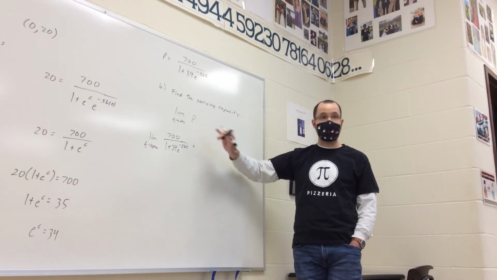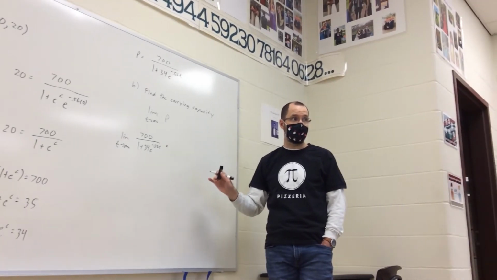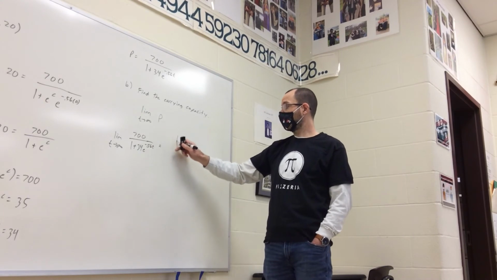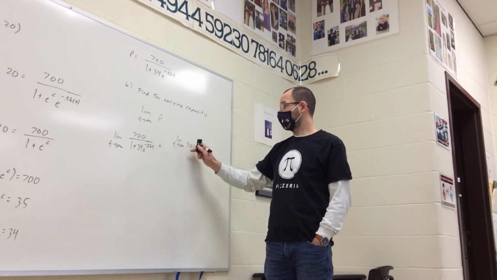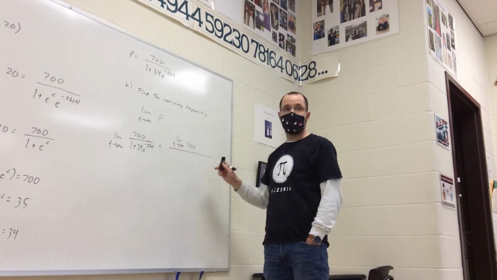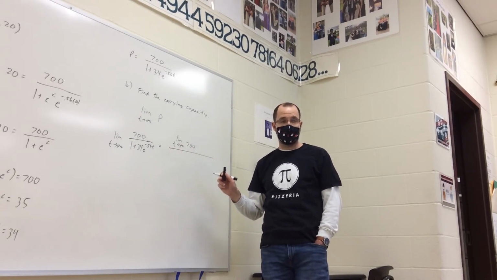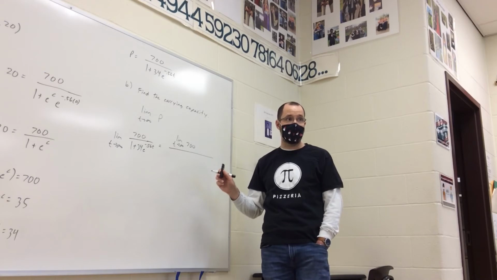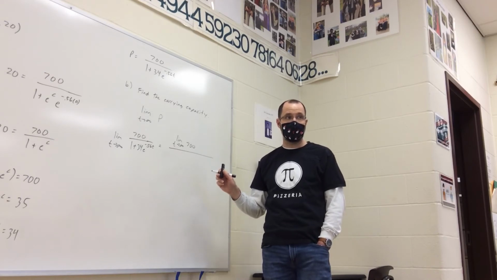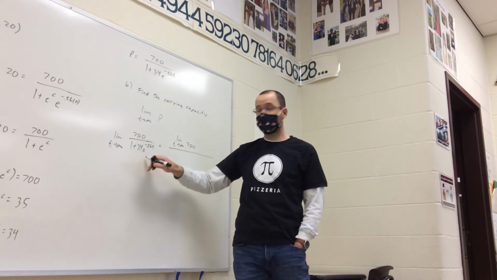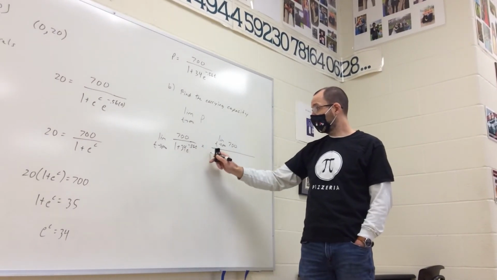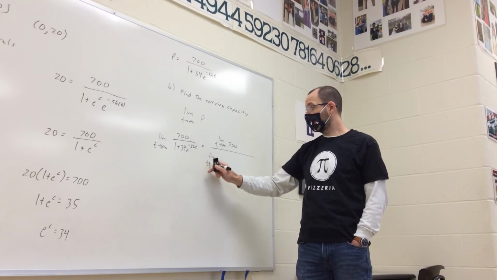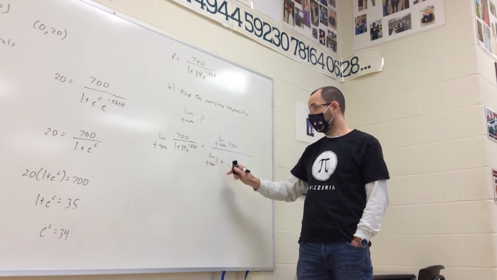We're going to take the limit of the top and the bottom separately. So what I'm saying is limit goes past divide. Does limit go past plus? Yeah, so I'll put the limit in front of the 1. And then the limit in front of the 34.